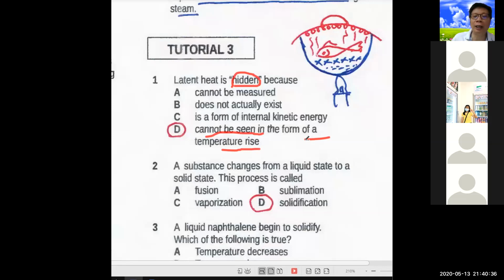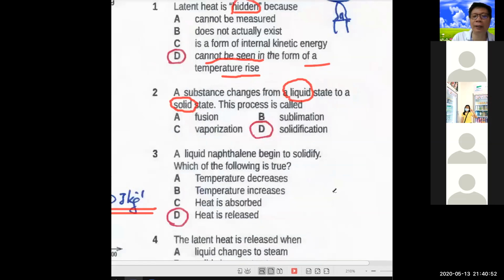Number 2, the substance changes from liquid to solid. Liquid changing to solid is solidification. All right, number 3. Liquid naphthalene began to solidify, become solid.